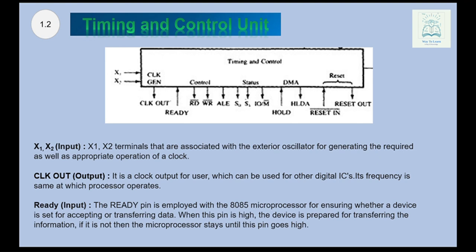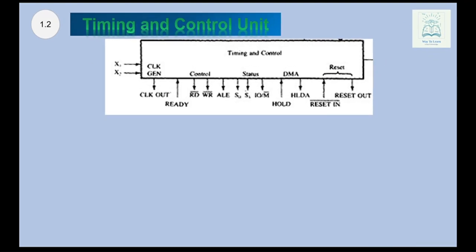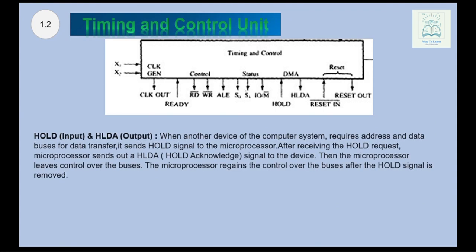Hold, when another device of the computer system requires address and data buses for data transfer, it sends a hold signal to the microprocessor. After receiving the hold request, the microprocessor sends out a HLDA, hold acknowledge signal, to the device. Then the microprocessor leaves the control over the buses.